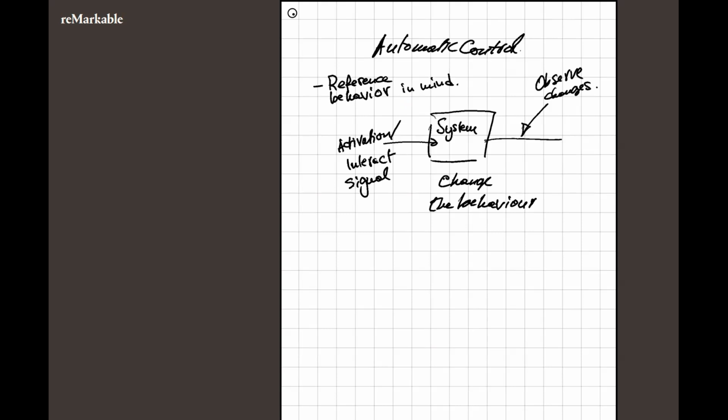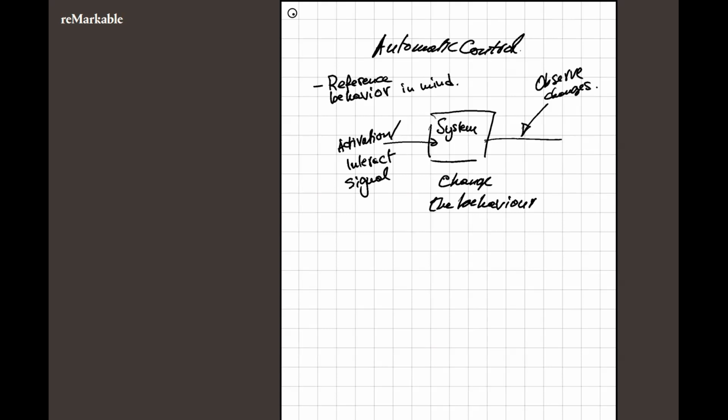So what does it mean? What is this system that we can interact with and control its behavior? For example, what do we have here? Thermostats. They measure temperature.